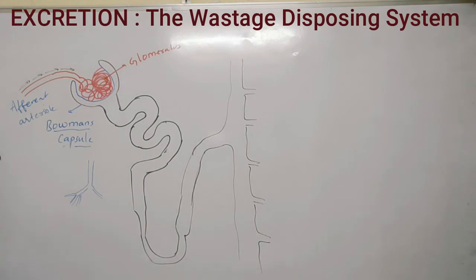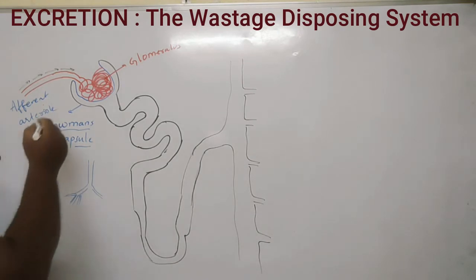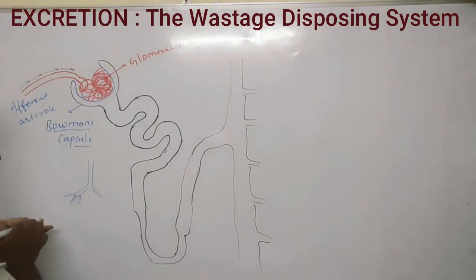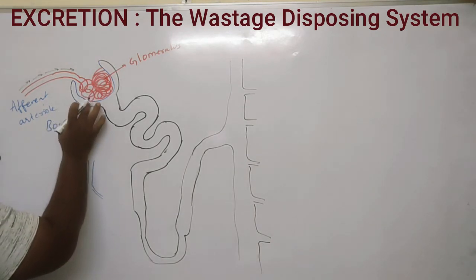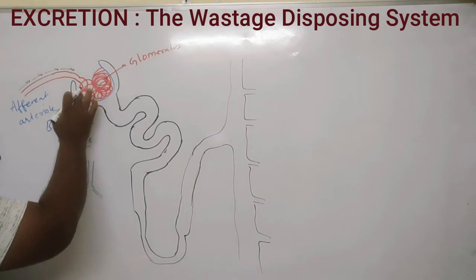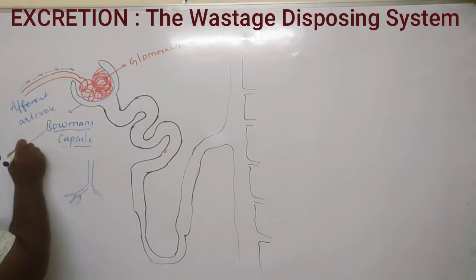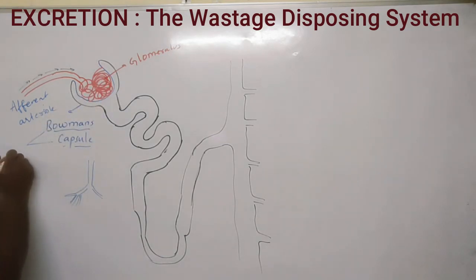Now this glomerulus and this Bowman's capsule together are called the Malpighian body.